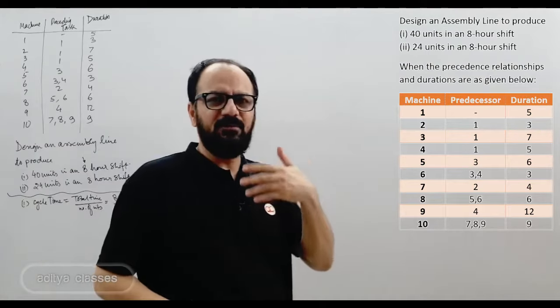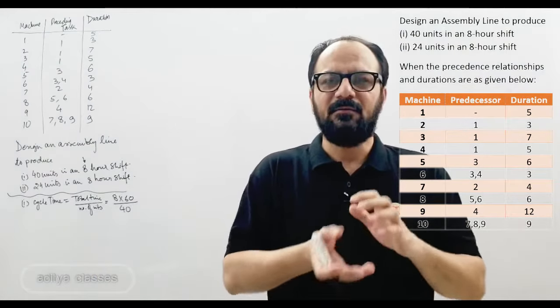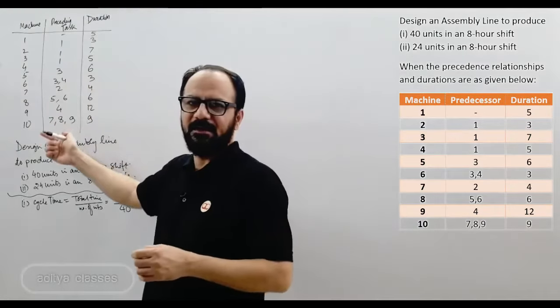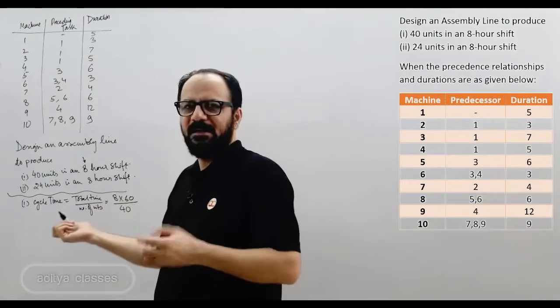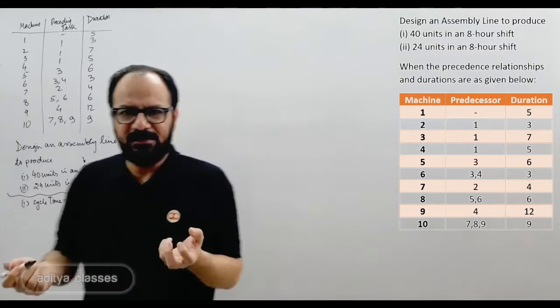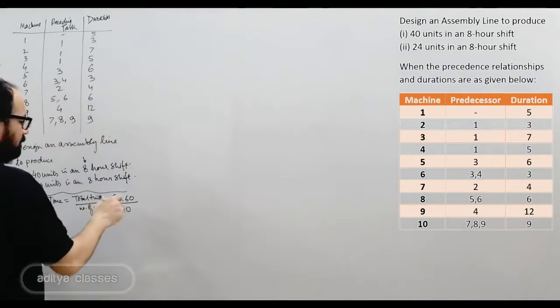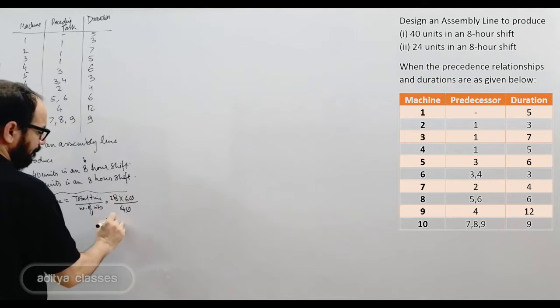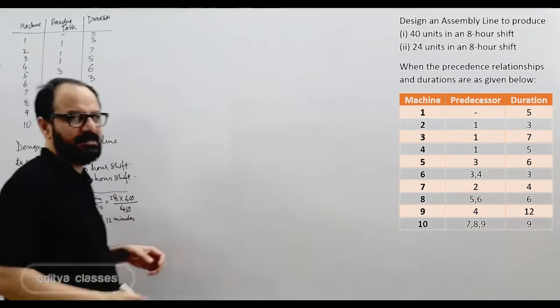Because 8 upon 40 would have been very small and it would have been tough to sequence or prepare an assembly line. So let me convert it into minutes and then we'll get some good tangible integer numbers. So what do we get? Here is our cycle time of 12 minutes.